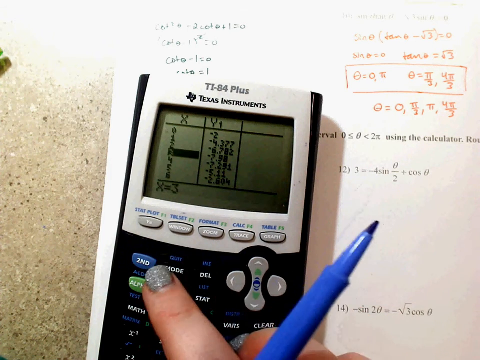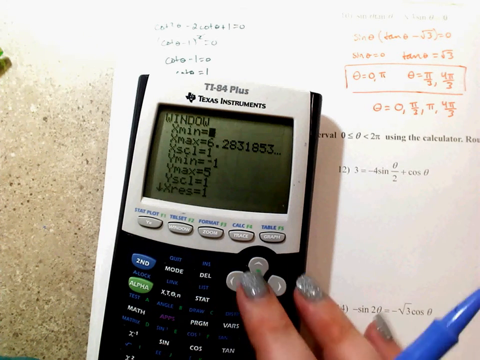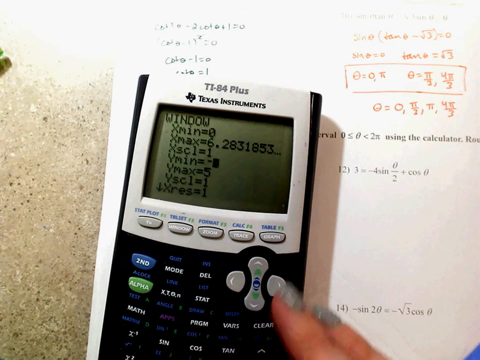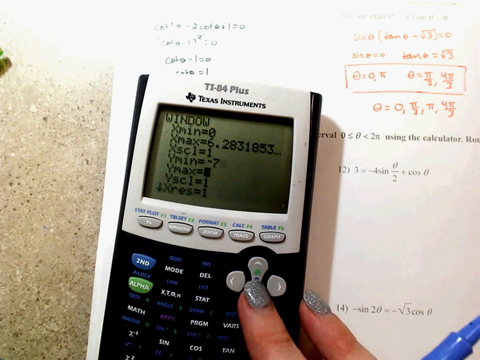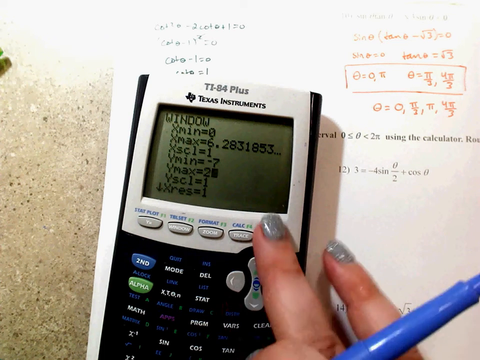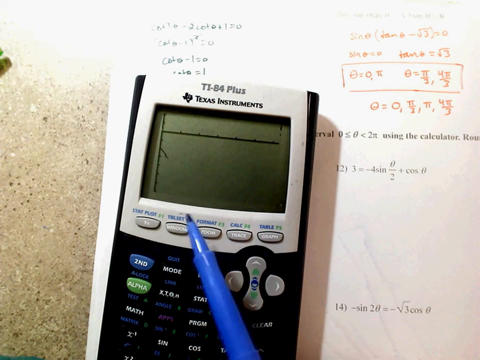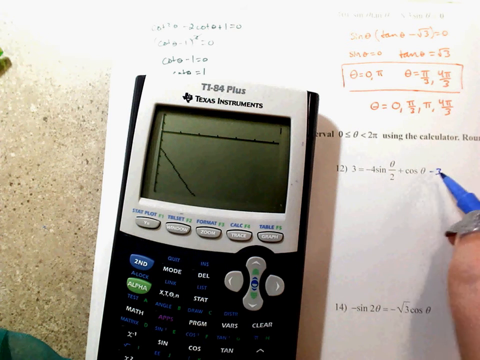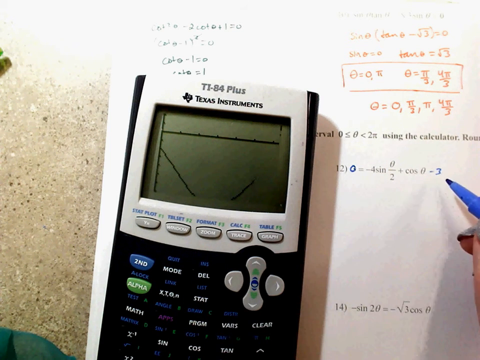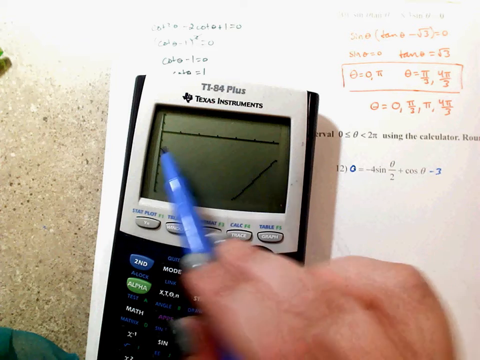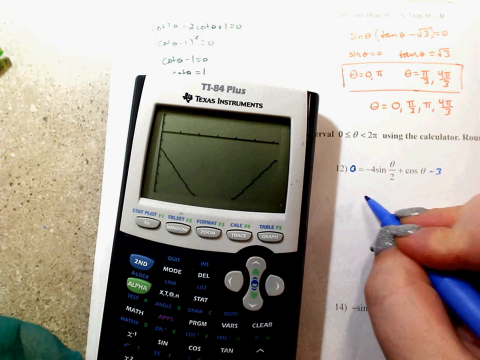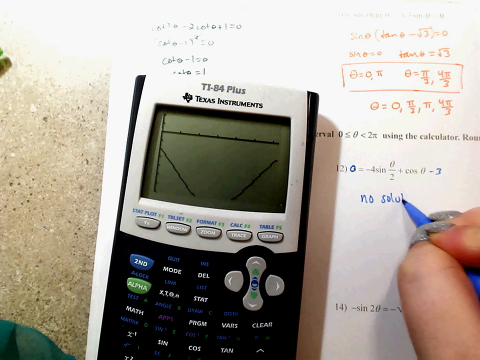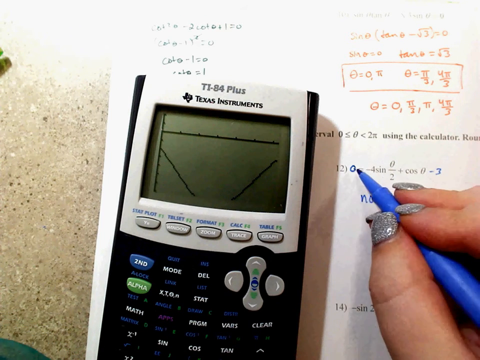So I go negative 7 and 2. So I can see that my function is way down here, right? My whole point though is I subtracted 3 and I'm now testing when does this equal 0. And you can tell from 0 to 2 pi, this never hits the x-axis, so that means there is no solution to this problem. If you were to graph 3 and graph this side, you would see that they never equal each other, so no solution.